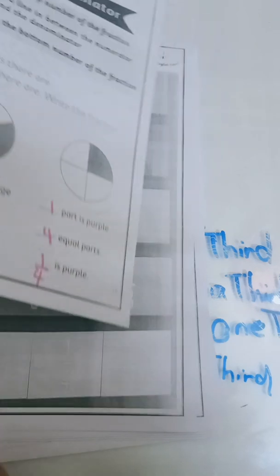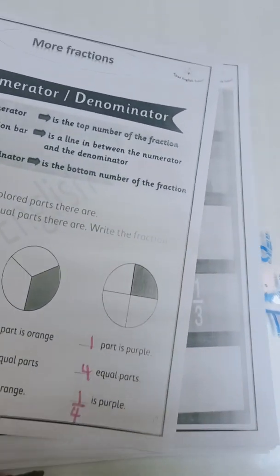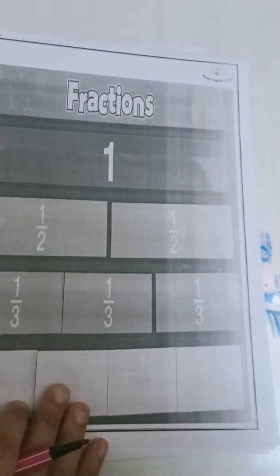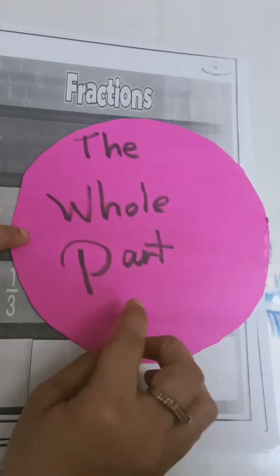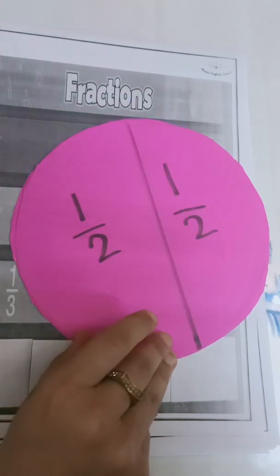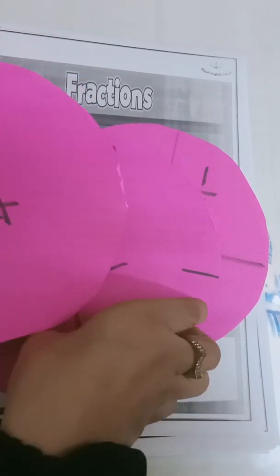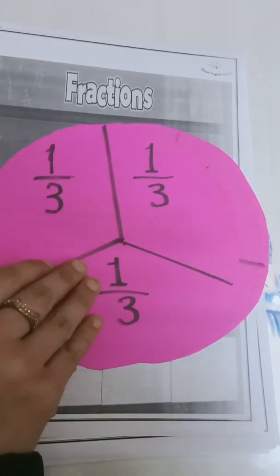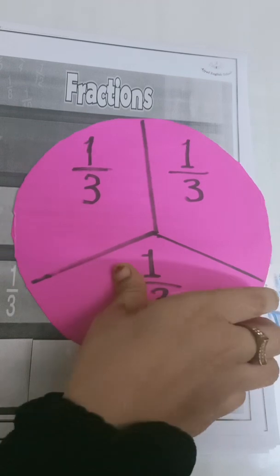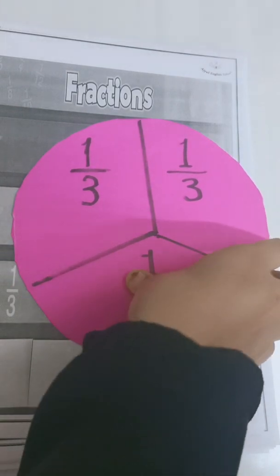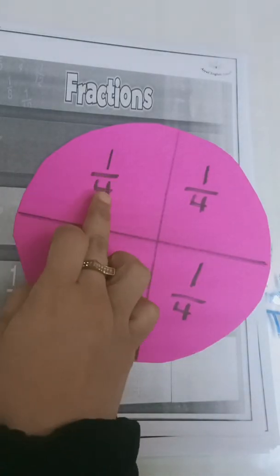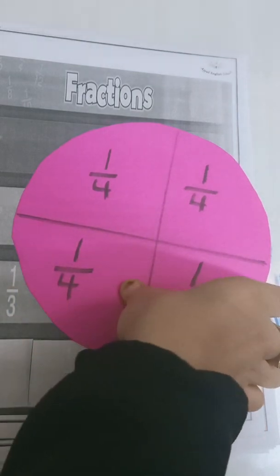Okay, now we know the whole can equal 2 halves, and we can say equal 3/3, and we can say equal 4/4. Write this.